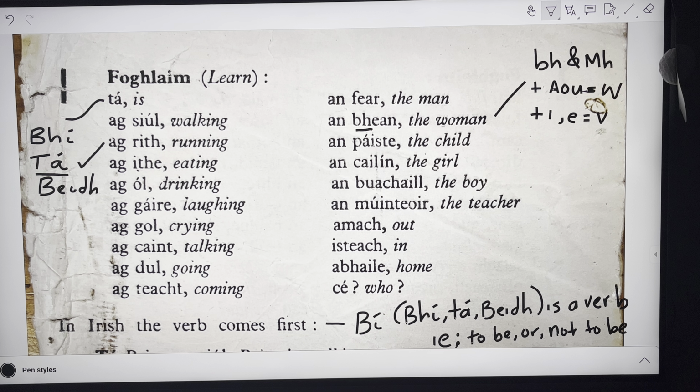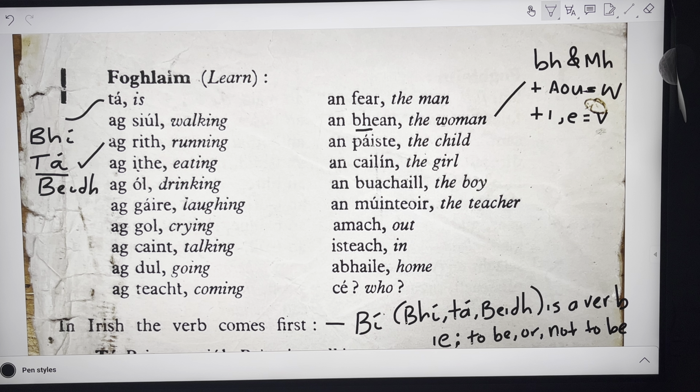Ag gáire, laughing. Ag gol, crying. Ag caint, talking. Ag dul, going.